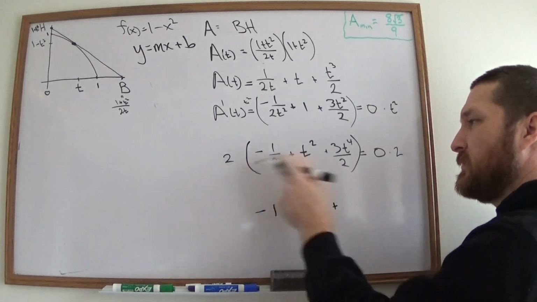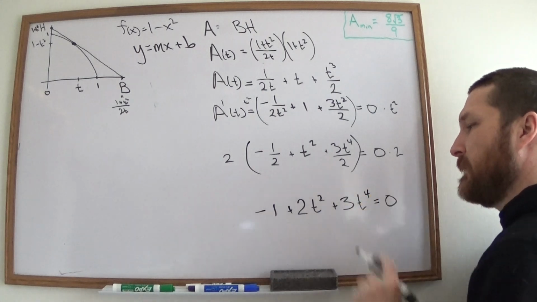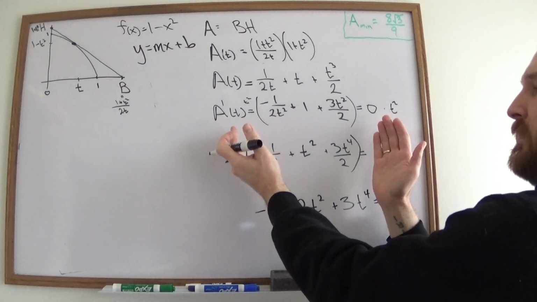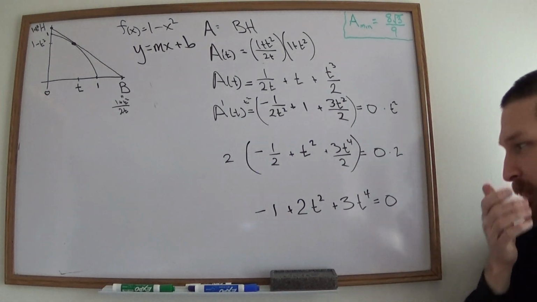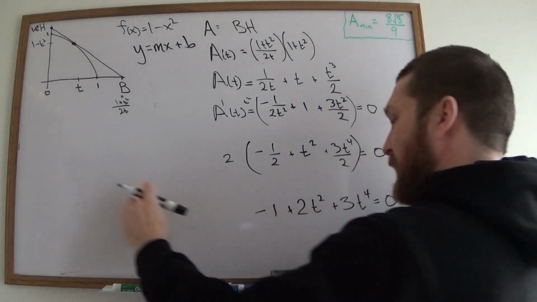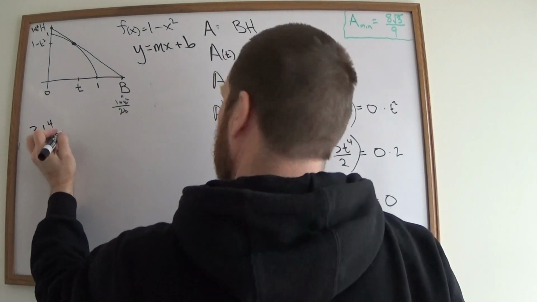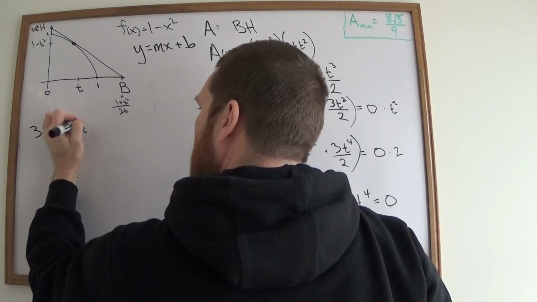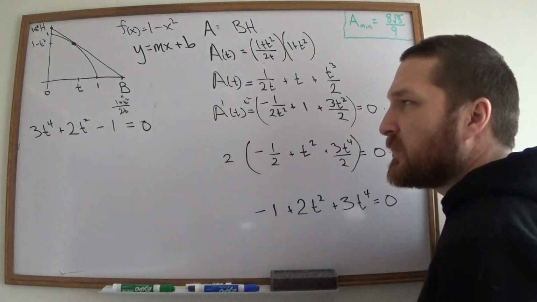Finally, the 2 kills the 2, we get a 3t to the 4th equals 0. And again, we could have plugged along with this, and it would have been fine. Now, what do we do? In fact, I'm going to rewrite this right here as 3t to the 4th plus 2t squared minus 1 equals 0. This looks familiar.